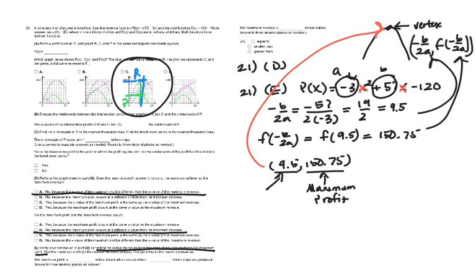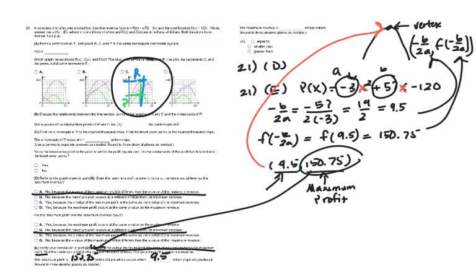So the maximum profit is $150.75 million, which occurs when 9.5 million chips are produced.